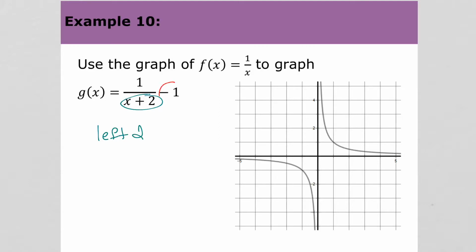And then the minus 1 is telling us that we're moving down 1. So every point will go left 2 and down 1. So if I start here, we move left 2 and down 1. If we start with this point, we move left 2 and down 1.